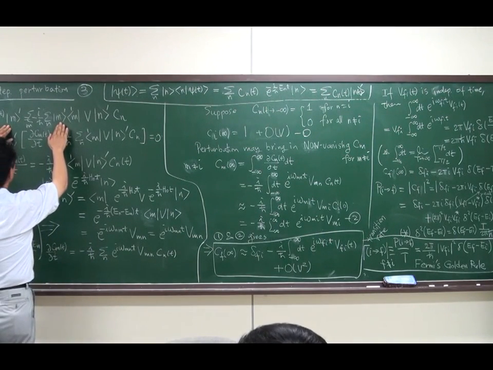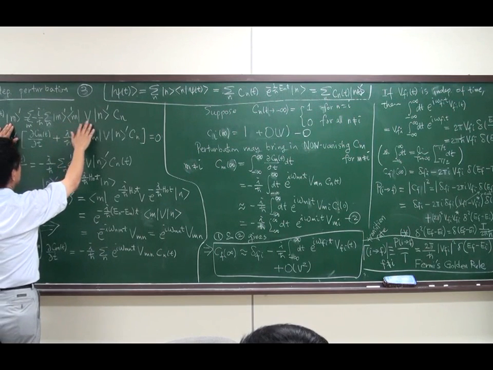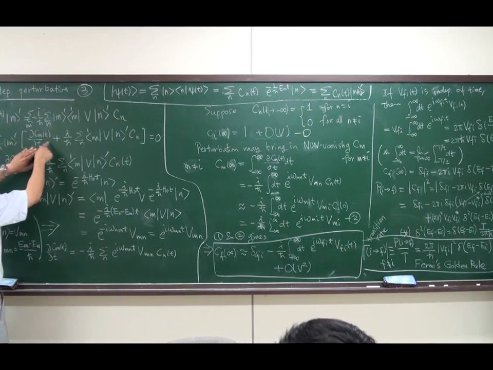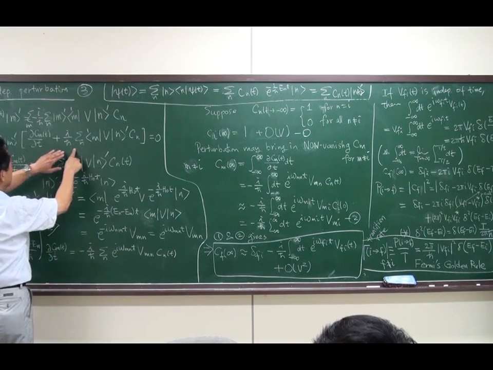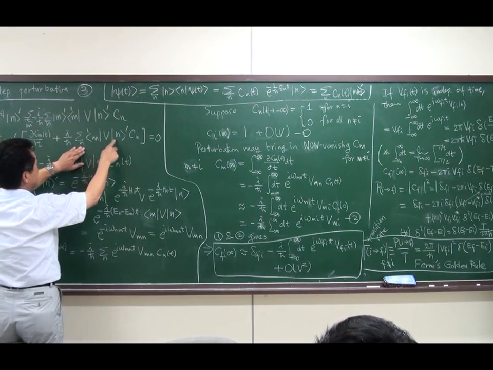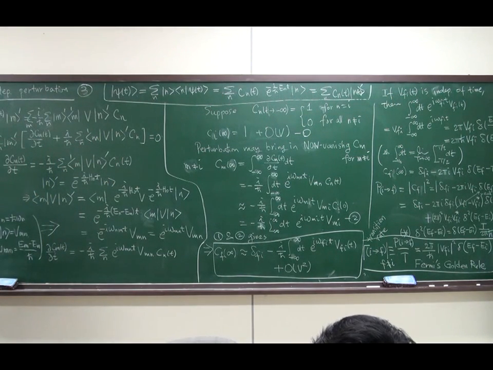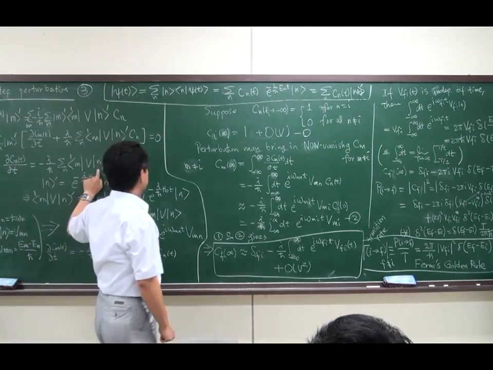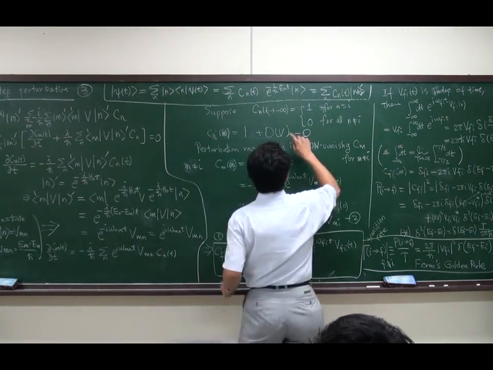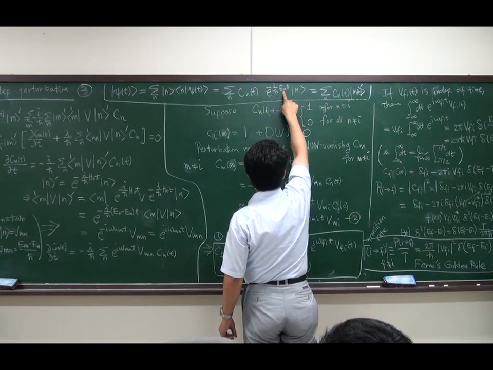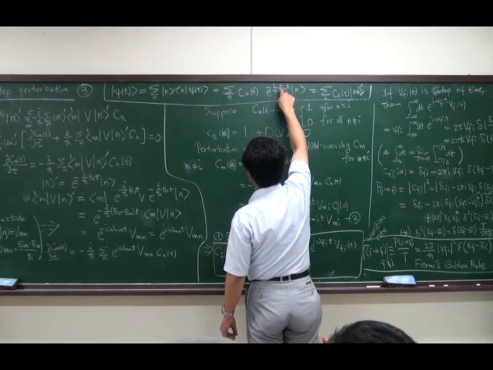And if we combine these two by moving the right-hand side to the left-hand side and factoring n prime out, then I have Cn time derivative plus i over h bar summed over state n. And because the n prime is different from n, that is the same as this, and actually this En can be replaced by H0.